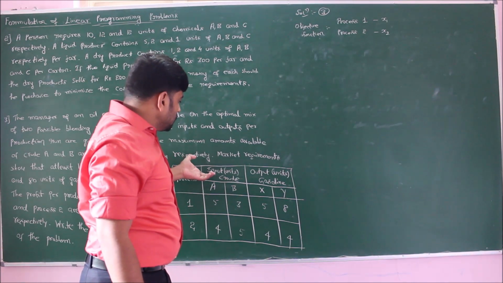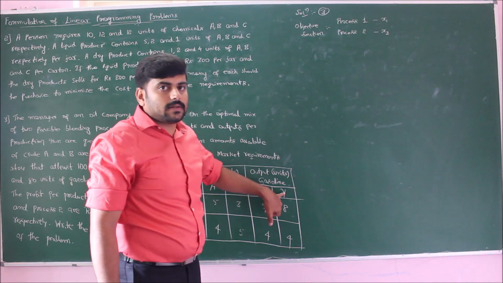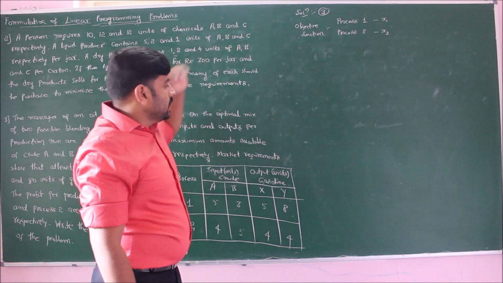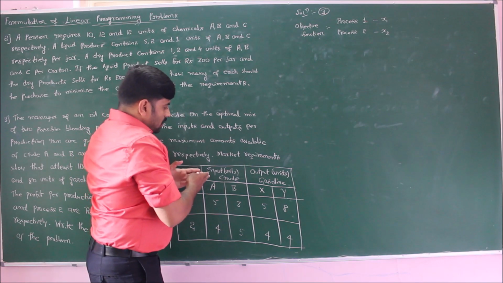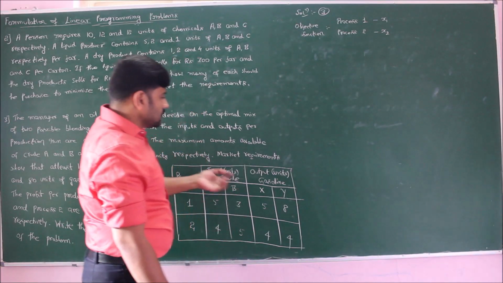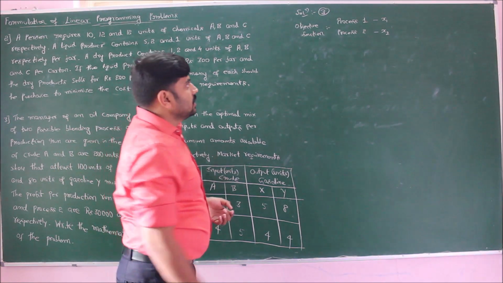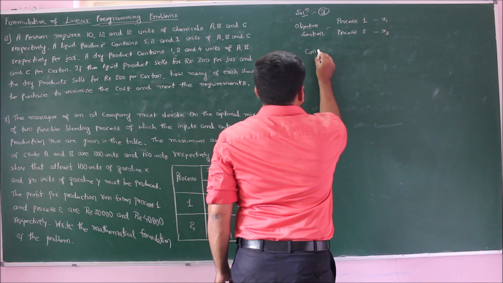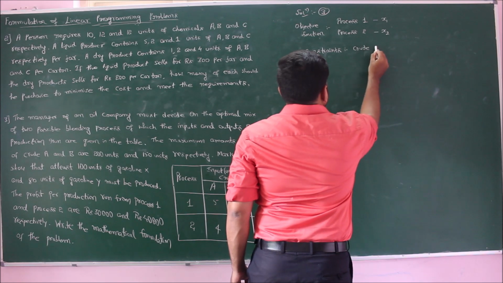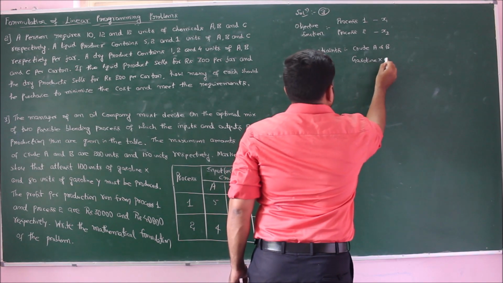Now he is using the crude oil A and B and he is producing the gasoline X and Y. Therefore the constraints are crude oil usage and production of gasoline X and Y. So constraints for this problem are crude oil A and B and gasoline X and Y.